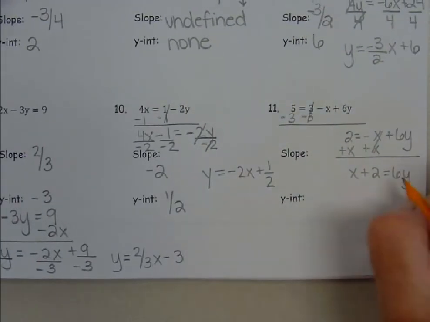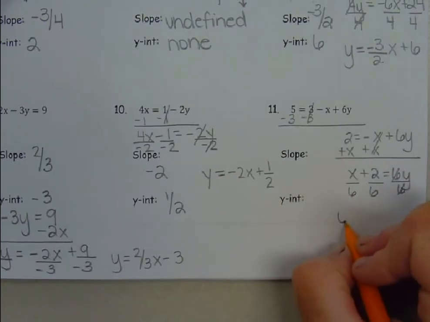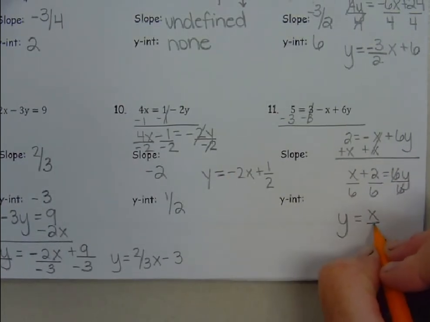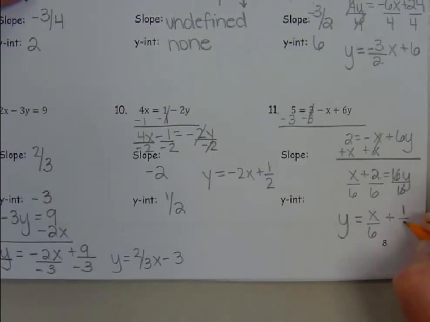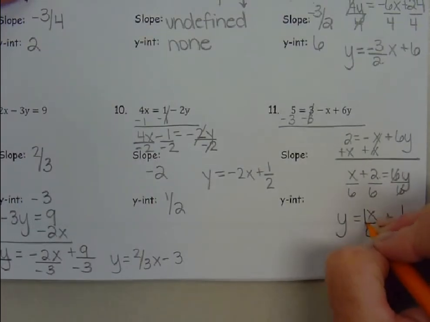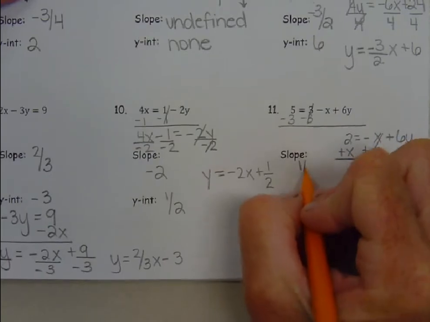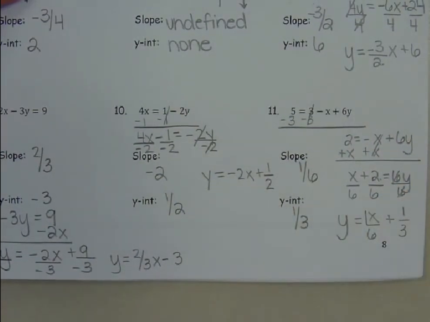And then I'm going to divide each part by 6, and I have y equals x over 6 plus 6 reduces to 1/3. Once I do that, I can look at my slope. If there's not a number on top, I can make a 1. So my slope here is 1/6, and my y-intercept is 1/3.